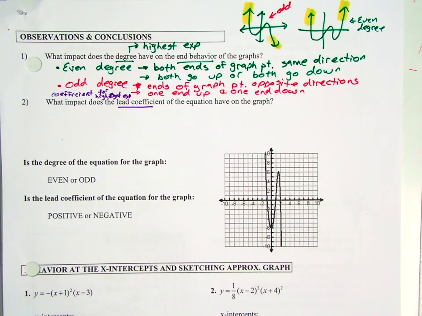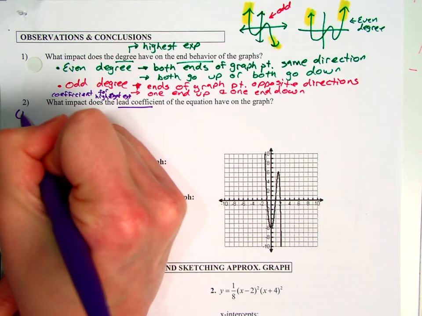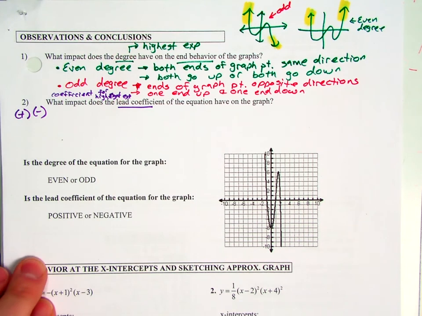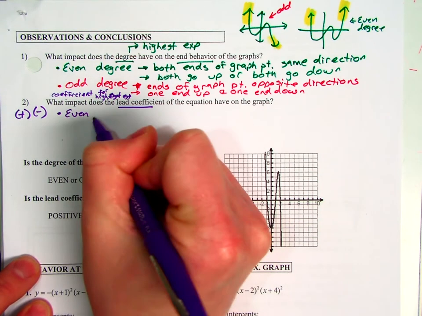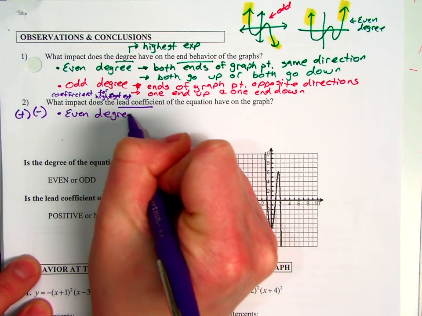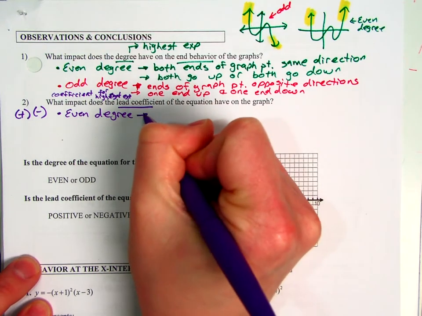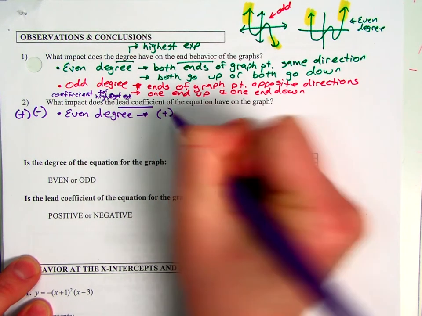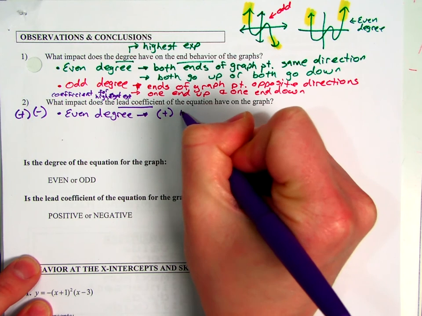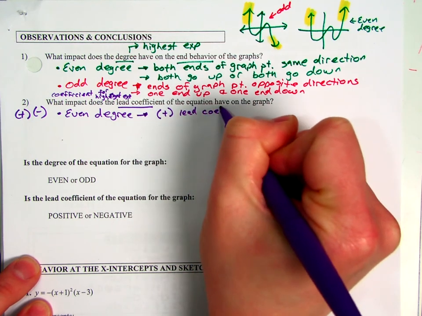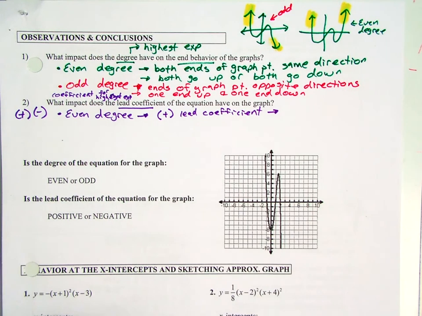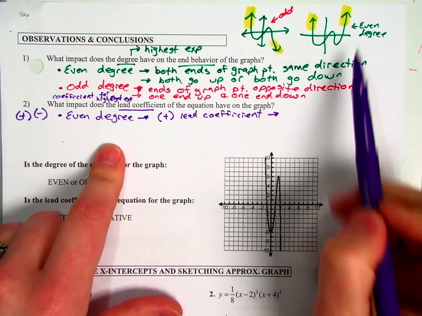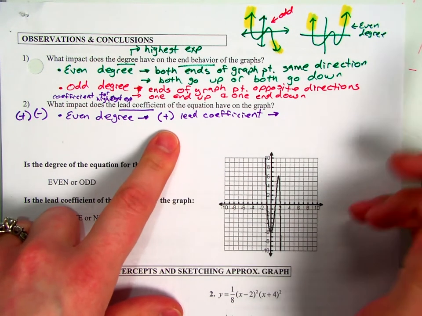Now, when we talk about these, the big deal with the lead coefficient will be, is it positive or is it negative? That will determine what's happening in each one. So, for example, if we have an even degree and we have a positive lead coefficient, then what would you think? Since it's even, either they're both up or both down. So do you think positive is up or positive is down?